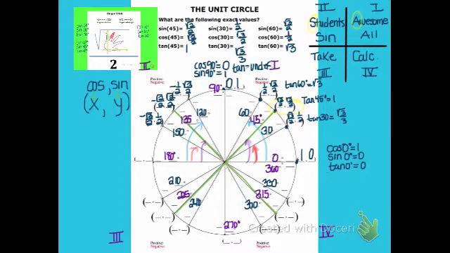And then takes starts with a T, and so does the tangent. So the tangent is the only one that's positive here, and that's because if you're dividing the sine by the cosine to get the tangent, you're dividing 2 negatives, and so 2 negatives divide to give you a positive. And finally, in the fourth quadrant, C, calculus.